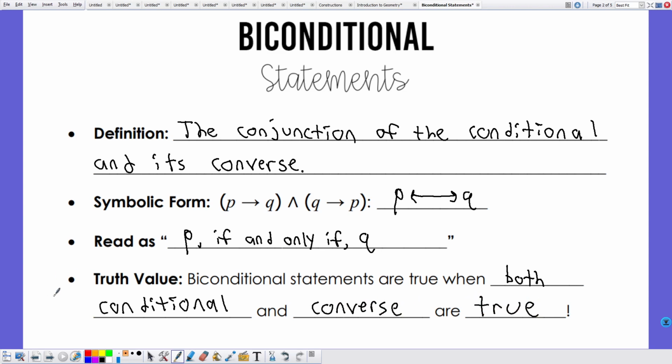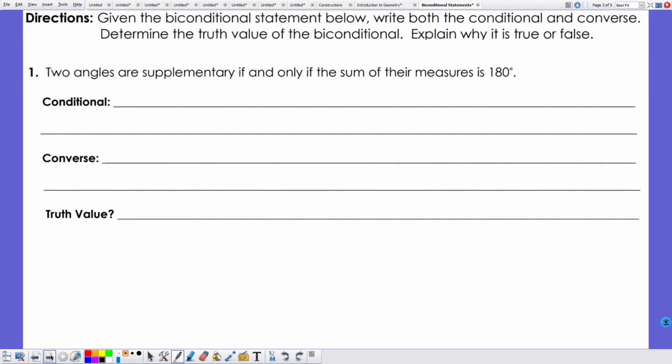So just like how conjunctions worked before, both parts need to be true for the entire thing to be true. So let's take a look at the first example.